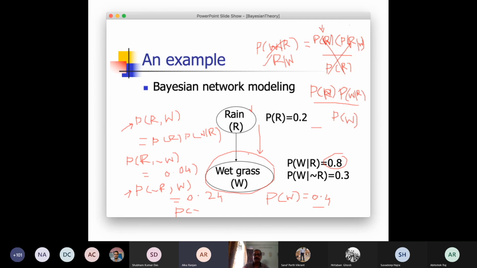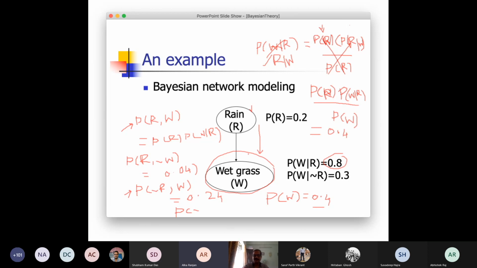So what is this value? 0.4. This value would be, I think, 0.4. No? That means if it is wet, then the probability of rain is 0.4, and the probability of not having rain is 0.6, which is higher.